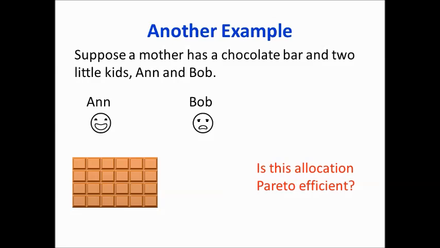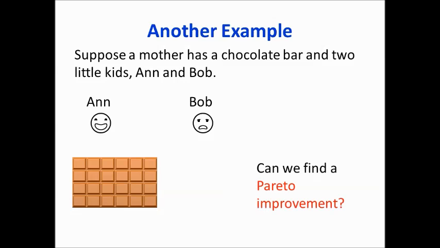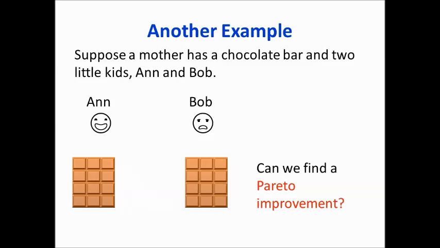Can we find a Pareto improvement? Now we can check whether there are other allocations. Of course, there are many other allocations, and can we find one that would make somebody better off without making somebody worse off?